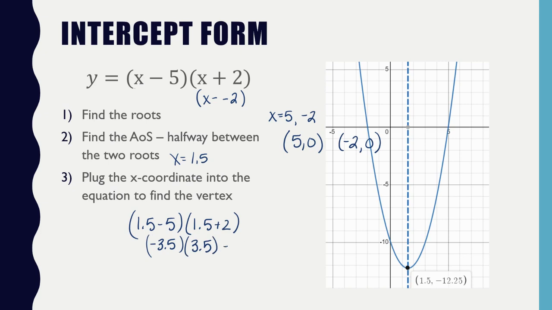And then if you multiply those out, you get negative 12.25, which is where that y coordinate comes from for the vertex. So first thing you're doing is finding the roots from the equation. They're right there. Take the opposite of the parentheses. The axis of symmetry is halfway between them, so you can count into the middle and then plug that value that you got for axis of symmetry into the equation for both x's and solve to find y.